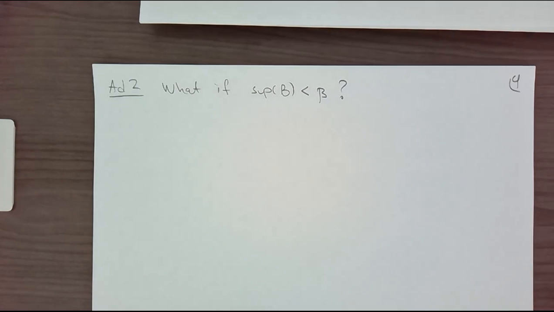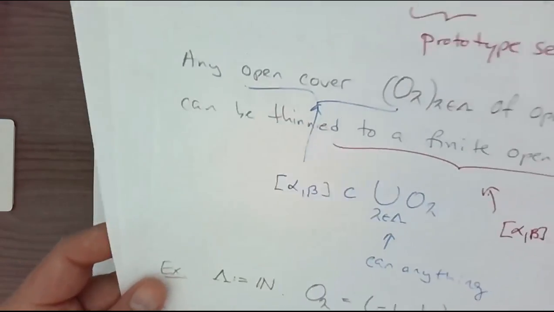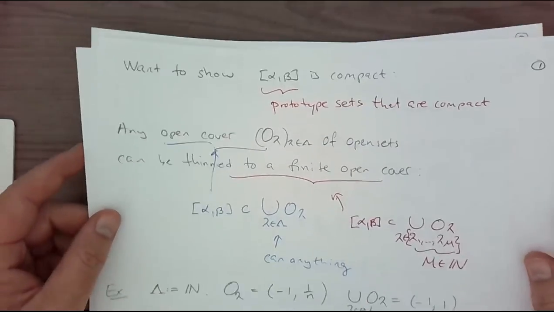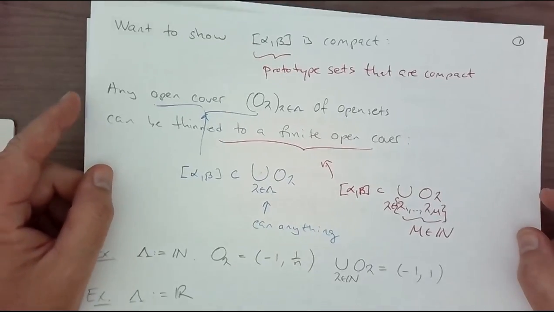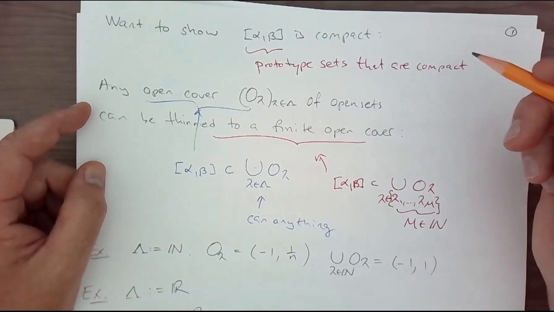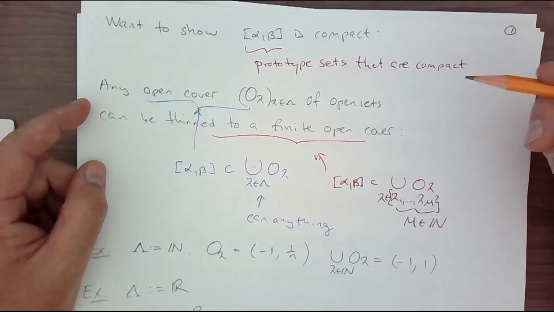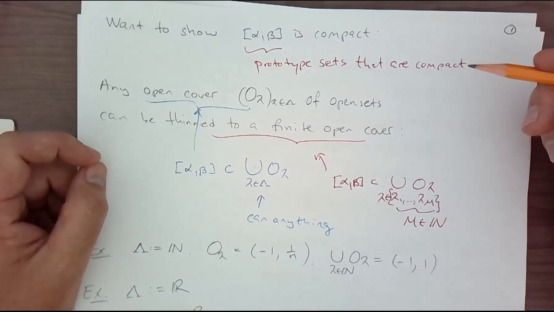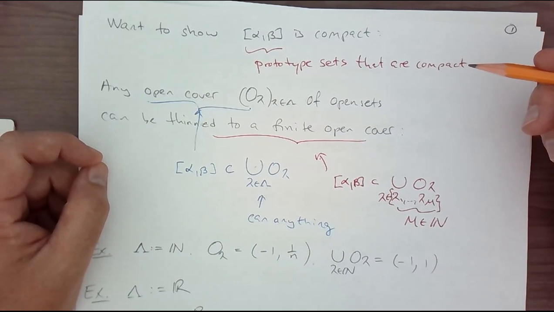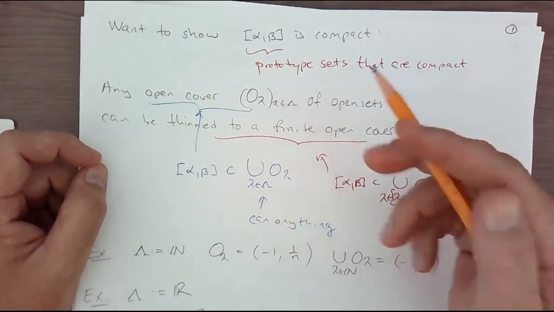But I mean that, okay, so Priya has a question, but that's what it means to be compact. A set is compact if any open cover can be thinned to a finite cover. That's the definition of compactness.